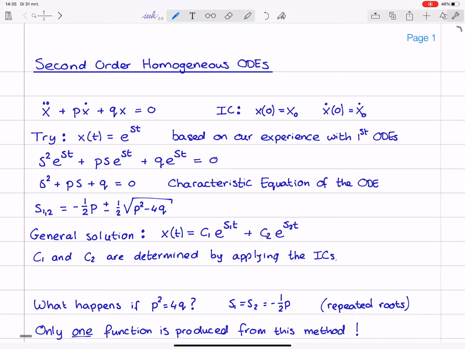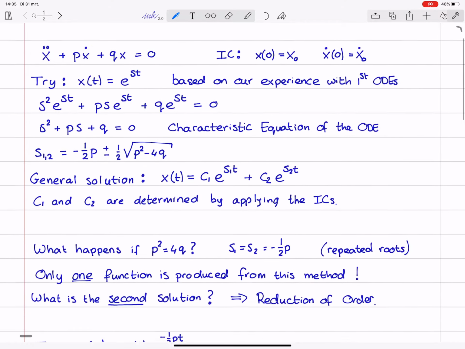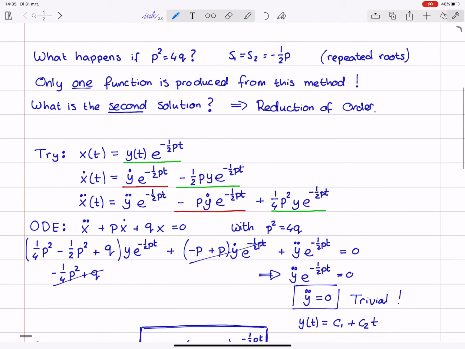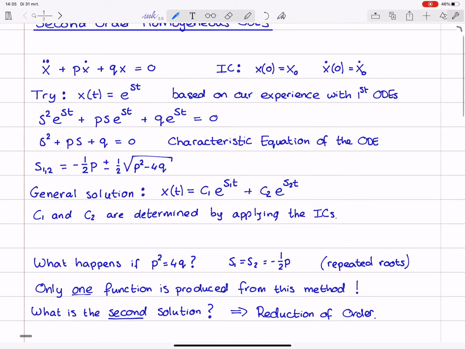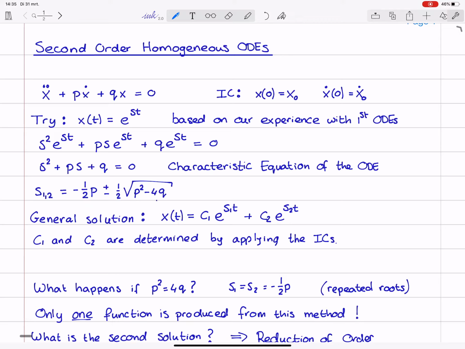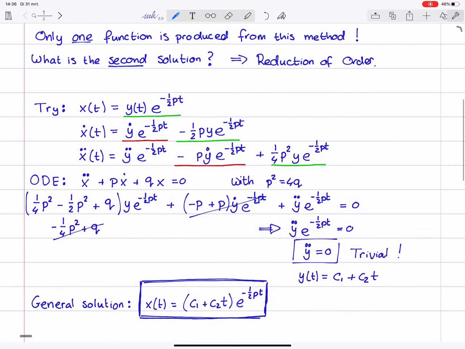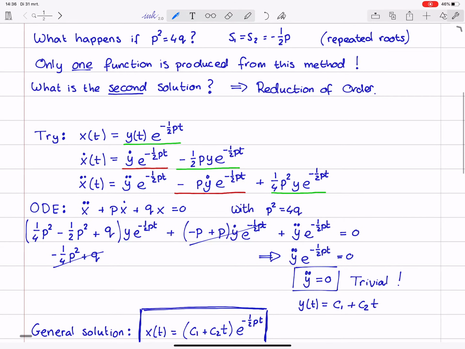In the specific scenario that only one solution is produced, we can use this method of reduction of order to find the second one. So maybe let me also close off by boxing this solution. So this is the general solution of the ODE when S1 and S2 are distinct, and this is the general solution when S1 equals S2.